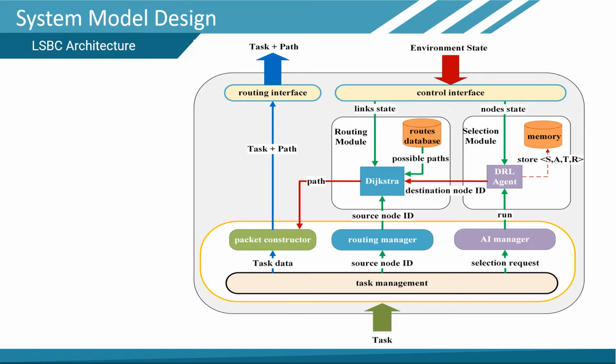Then it chooses the most suitable one based on the links' state. In order to route the task to the destination, the selected path is included in the task data using the packet constructor submodule and transmitted through the routing interface.